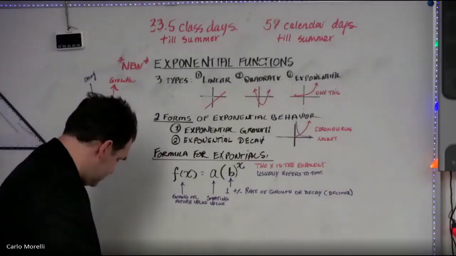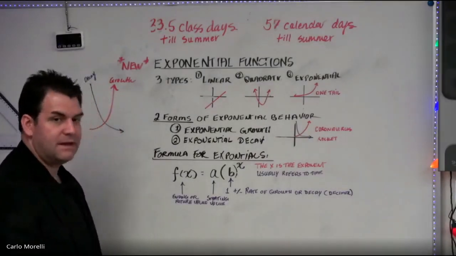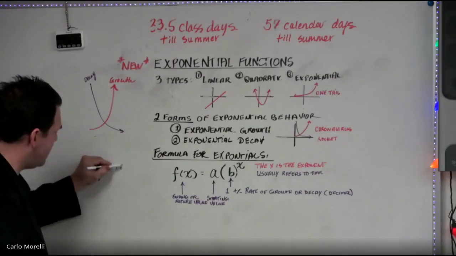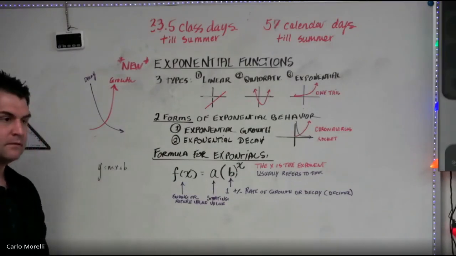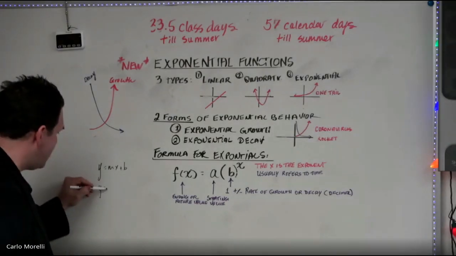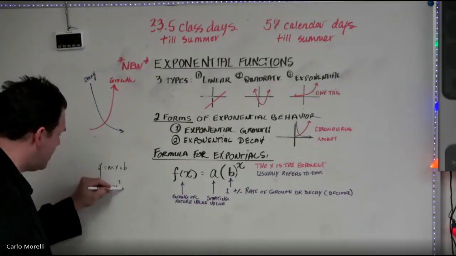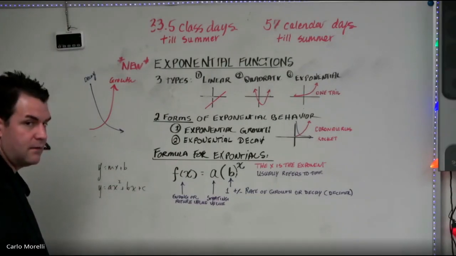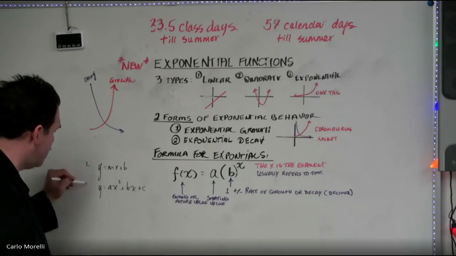So back in the linear days, we learned that y equals mx plus b. In the quadratic days, we learned that y equals ax squared plus bx plus c. Right? So this was linear, this was quadratic.